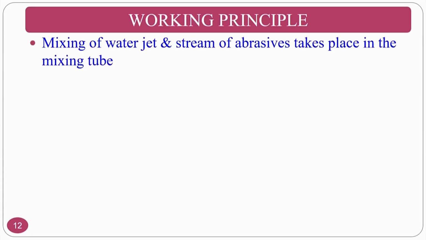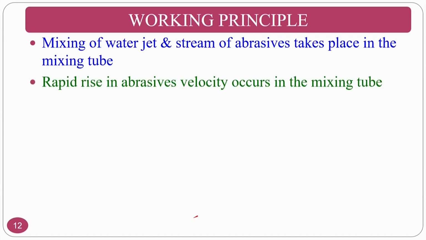Working principle: mixing of the water jet and the stream of abrasives takes place in the mixing tube. Okay. The abrasive particles as well as the water mix together and make a suspension. A rapid rise in the abrasive velocity occurs at the mixing tube because the water is coming at very high velocity, and the abrasives are fed from the abrasive feeder where their velocity is very low compared to this.